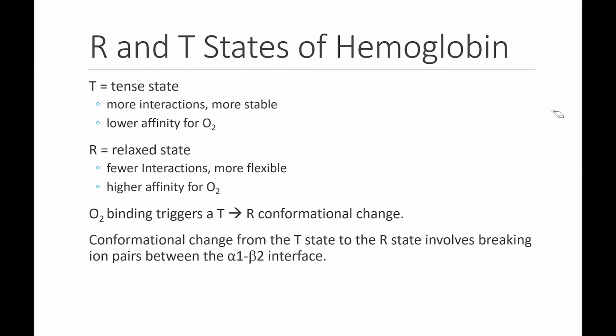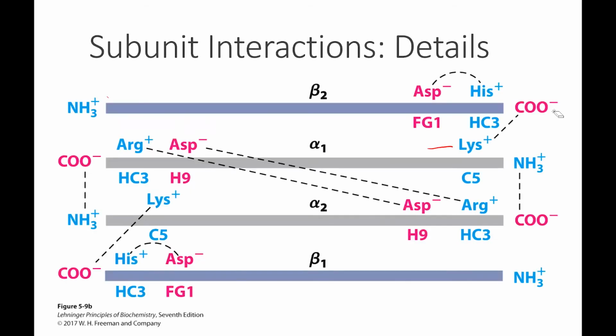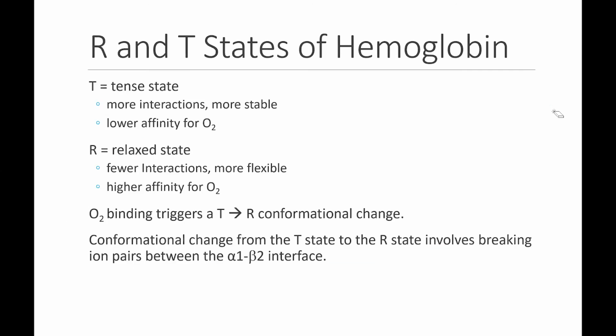And in this state, it actually has more interactions, more of these subunit interactions that are shown here. And because of the interactions going on between the subunits, it actually has lower affinity for oxygen. That's just because the areas where oxygen would bind on those heme molecules are less exposed. So tense state, it's very tense and has lower affinity for oxygen.